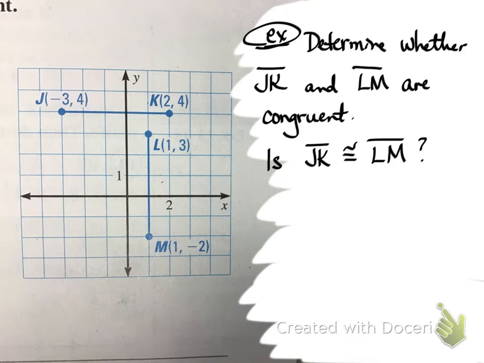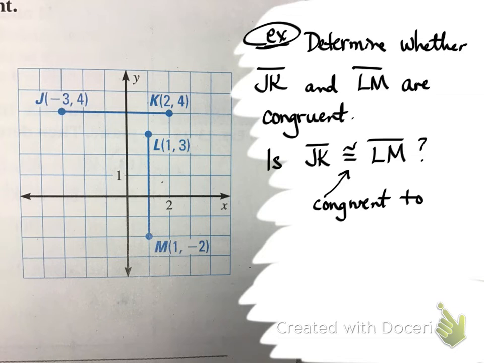Remember from your video from Friday that is the congruent symbol. Since these are nice vertical and horizontal lines, there is no slant to them. This one is nice straight up and down. This one is nice left to right, horizontal. I can just count the spaces, or I can use the ruler postulate.